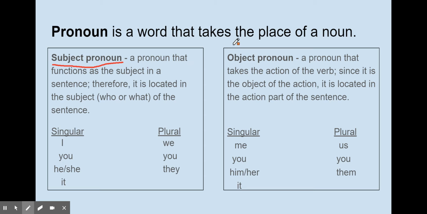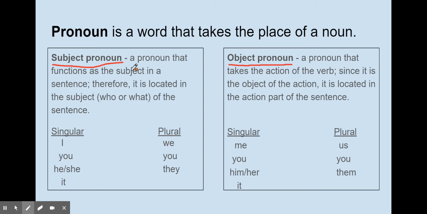We also have what's called an object pronoun. We have not talked about this as much in class as we have subjects, but basically, an object in a sentence is receiving the action of the verb. Okay, so an object pronoun is a pronoun that takes the action of the verb. So since it is the object of the action, it is usually located in the action part of the sentence.